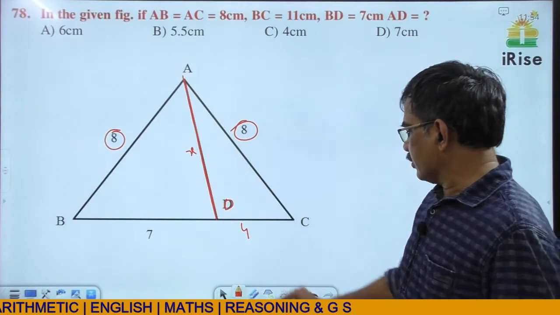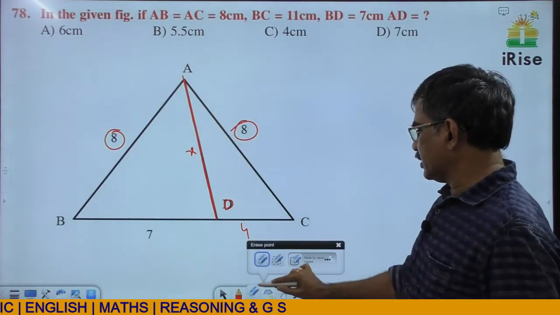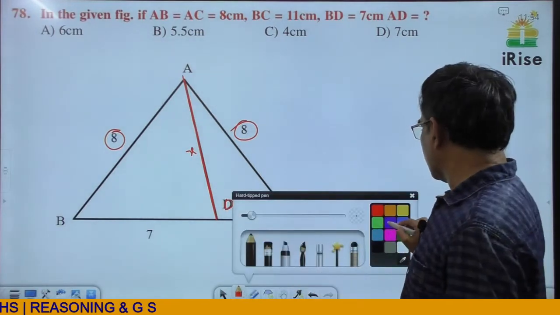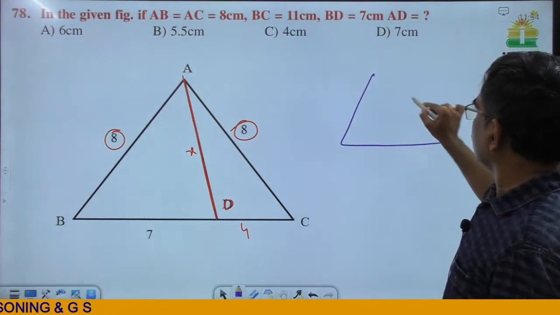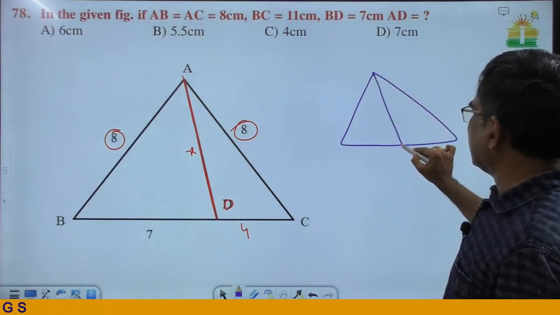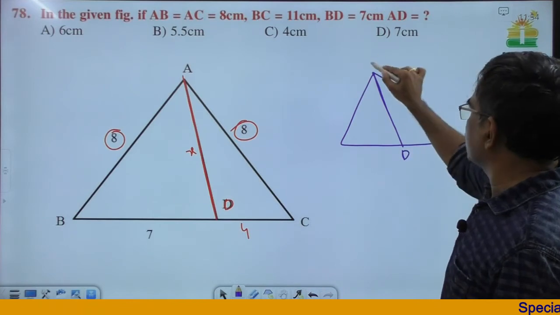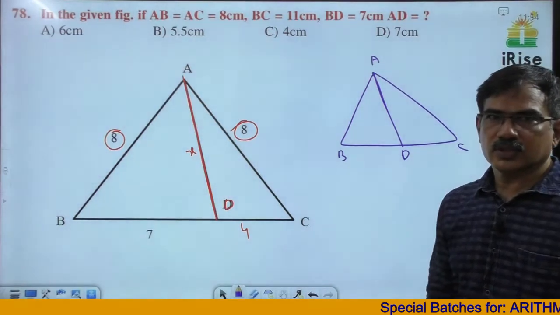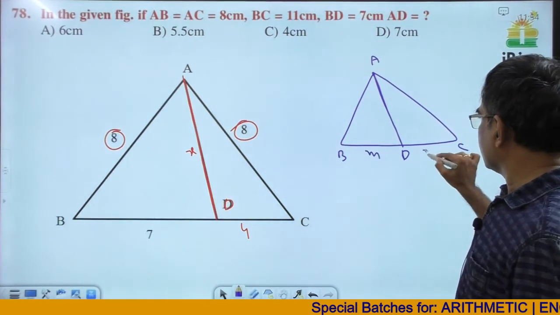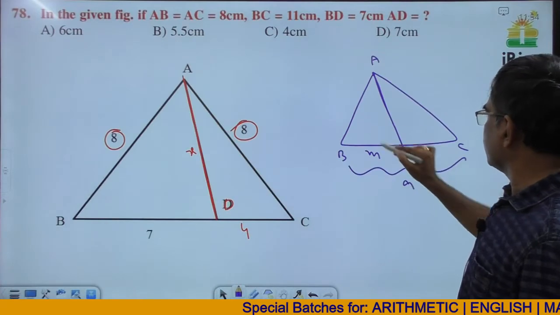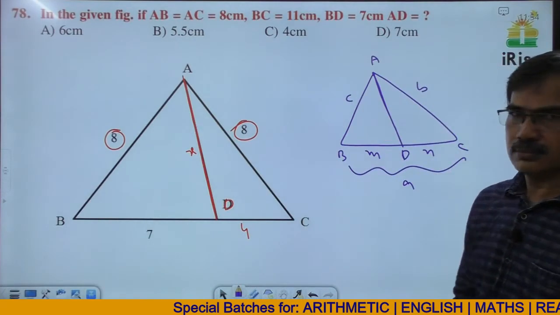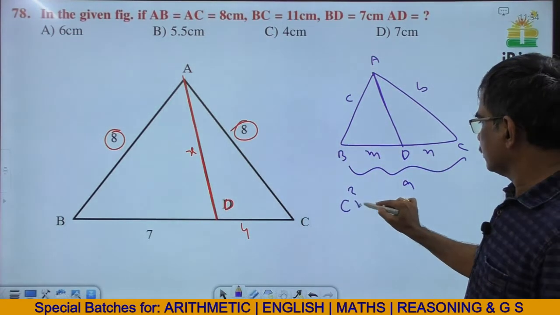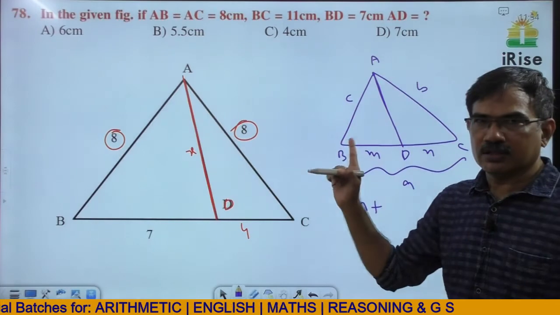I have given one concept in the previous classes. See that formula. If this is a triangle, and this is any line which meets the opposite side at D, if this length is m, this length is n, this total is a, this is c, this is b. I have given the proof in the basics also.